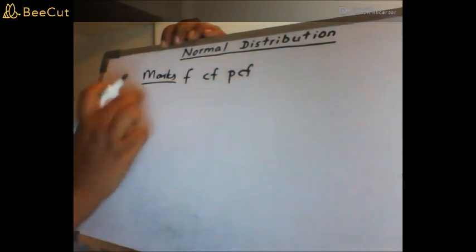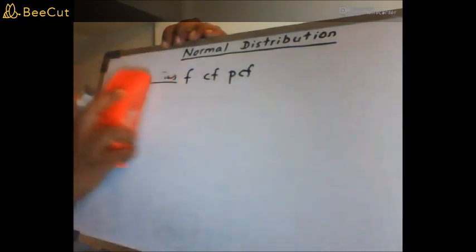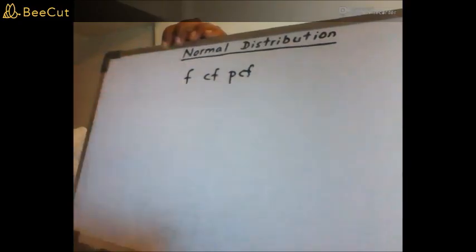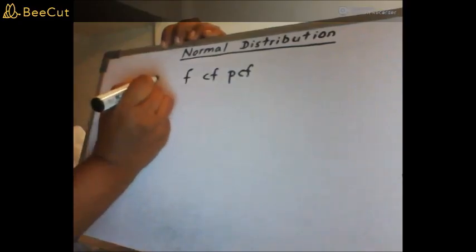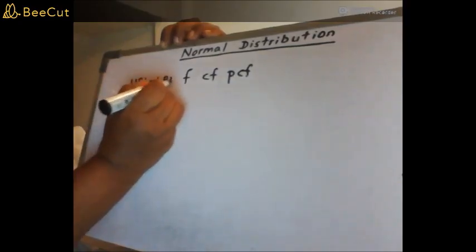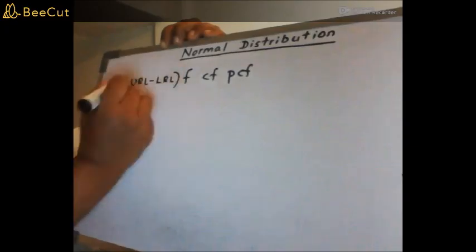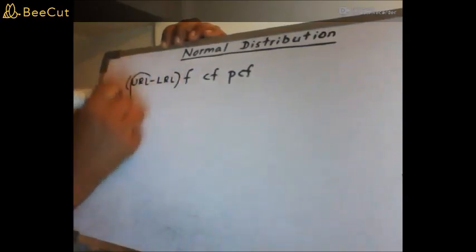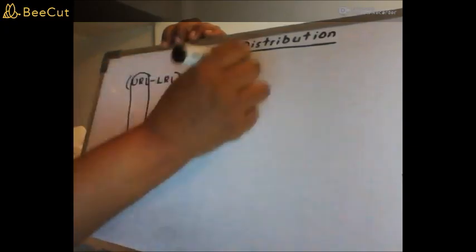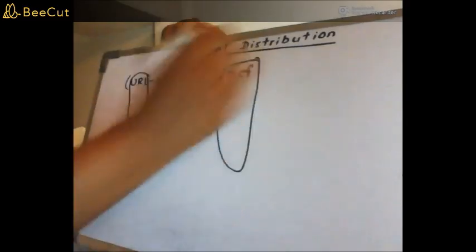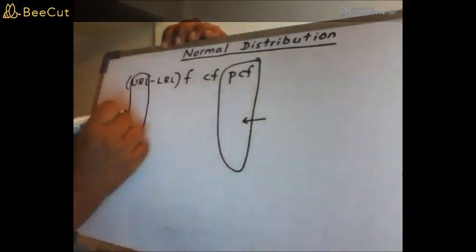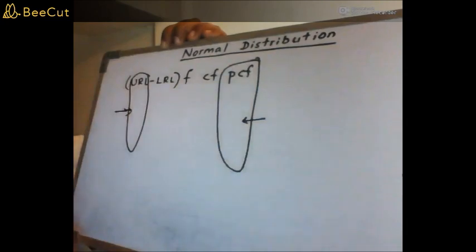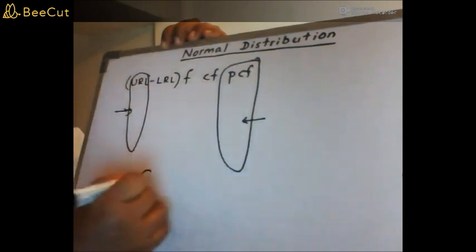We take the marks, the upper real limits, and lower real limits. Remember, we take only the upper real limits, and also we take the PCFs. And then we calculate these Ps and PRs. Those are called derived scores.